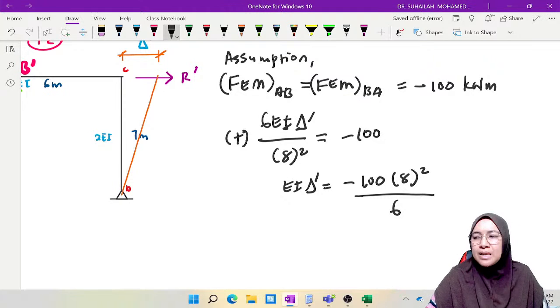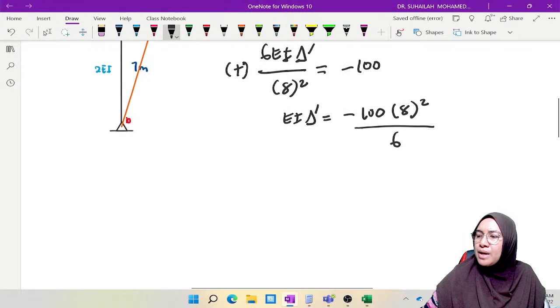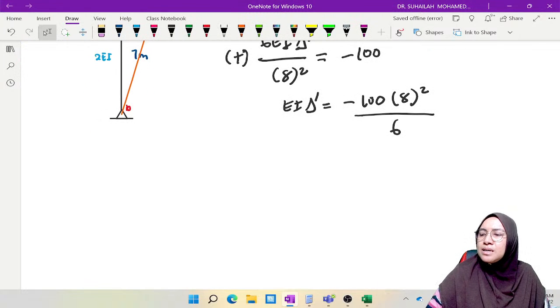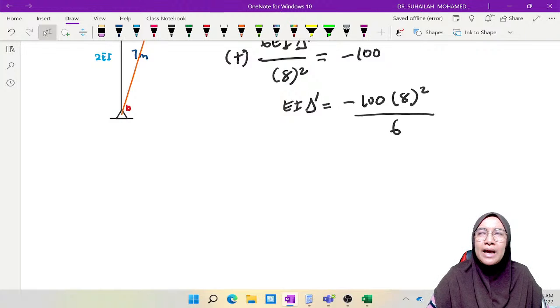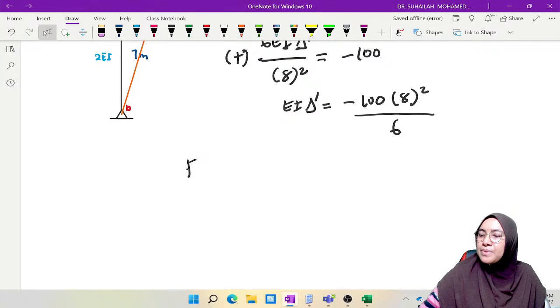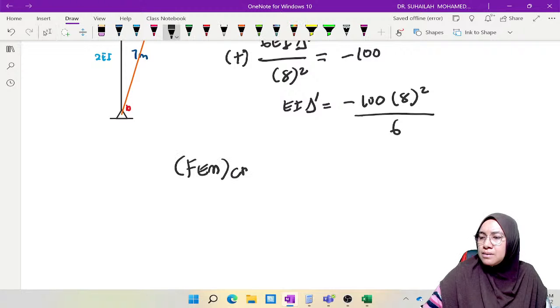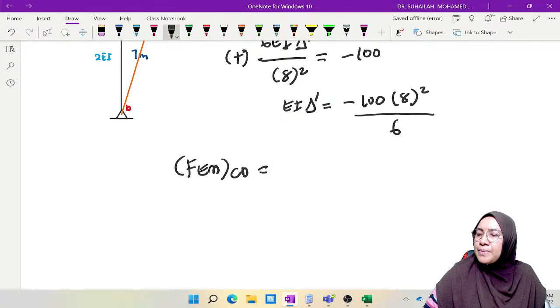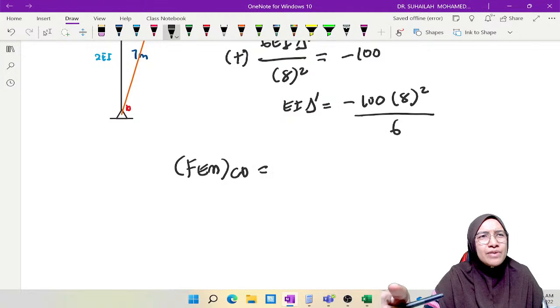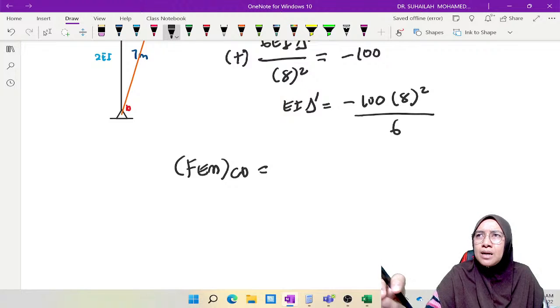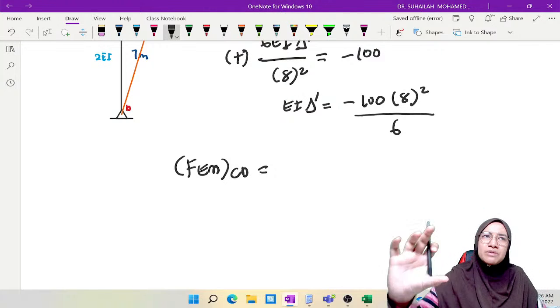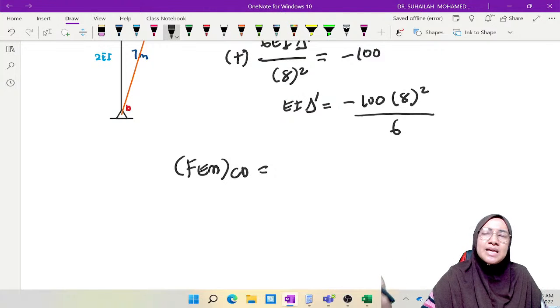FEM CD. FEM CD means that we now have to consider the formula to calculate FEM for CD. The difference: for FEM with both ends fixed due to settlement or side sway, if both ends are fixed we use 6EI delta.